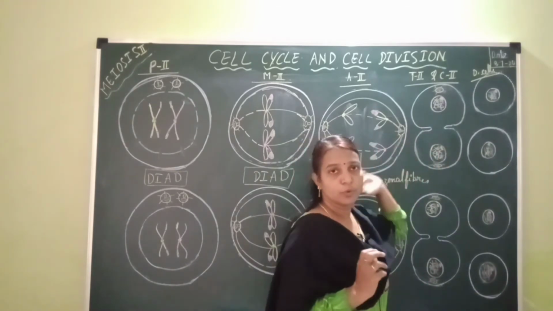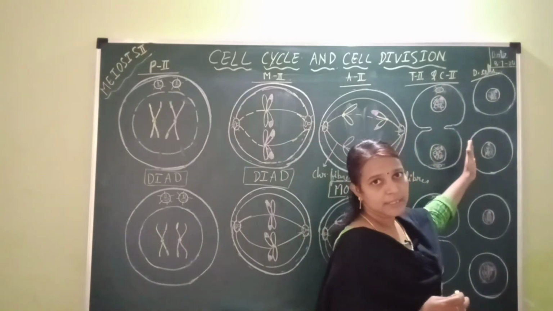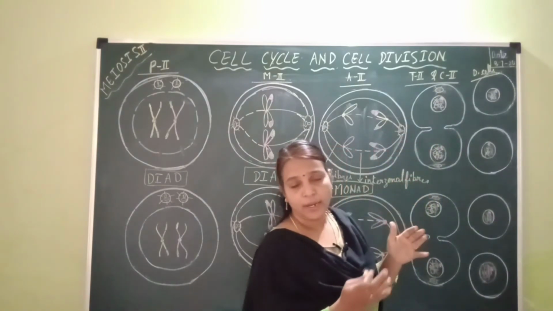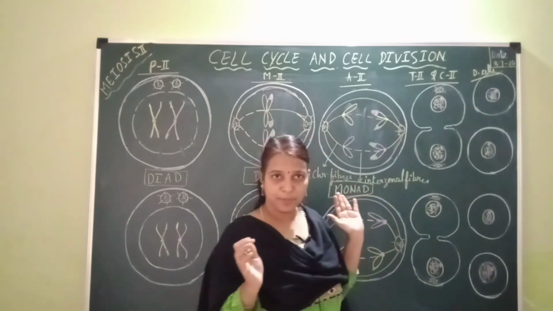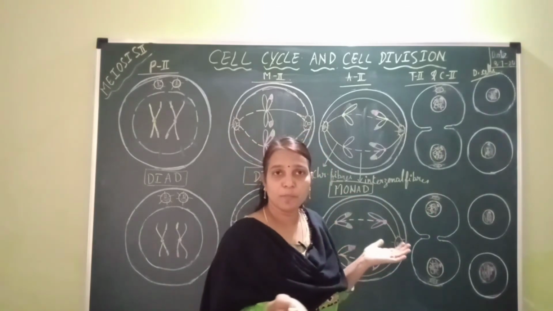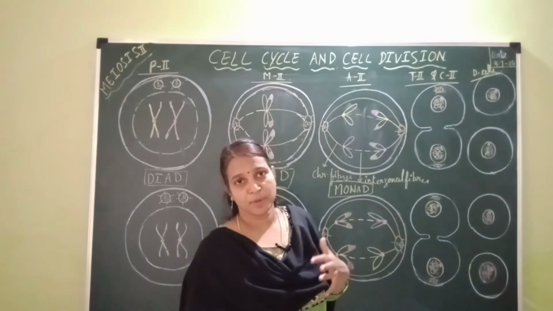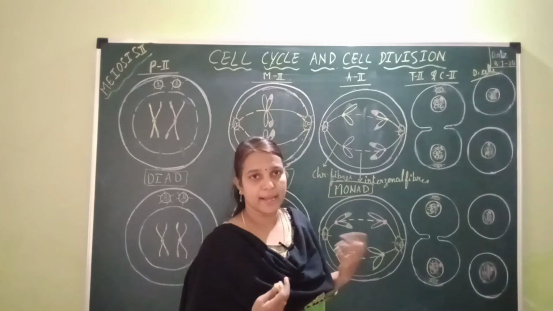After formation of two nuclei, the cell enters into Cytokinesis-II. Cytokinesis is nothing but cytoplasmic division. This cytoplasmic division occurs by the formation of a furrow in the case of animal cells and by the formation of a cell plate in the case of plant cells.